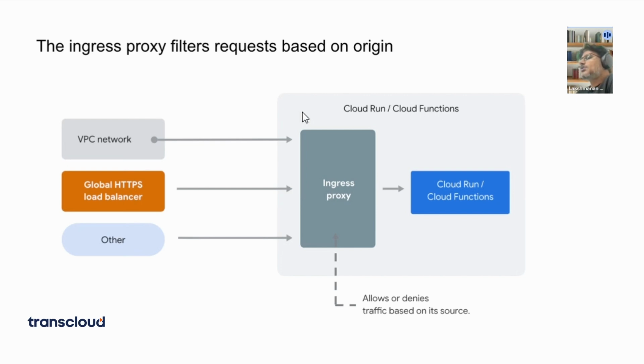So the request may originate from within your VPC network, or from within the load balancer, or from other resources like the internet, or you can even integrate Cloud Run with other services like Cloud Storage, Pub/Sub, Eventarc, and things like that, right? So those categories would be there. Based on the origin of the request, you will be able to control whether your service has to be accessible or not.